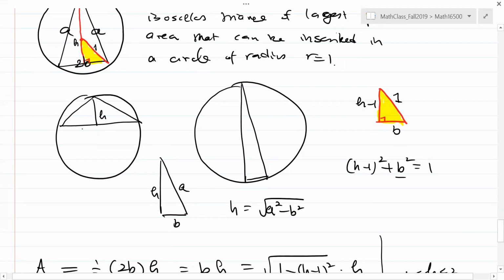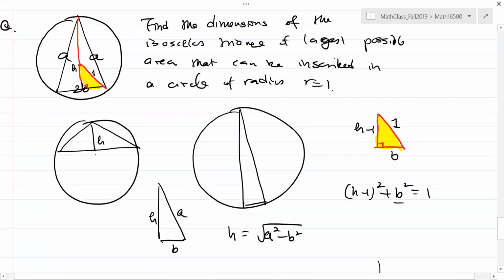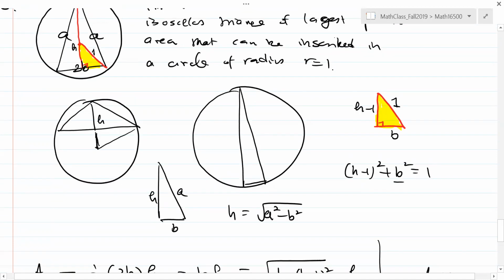If in that case, so this is a picture, and this is a 1.